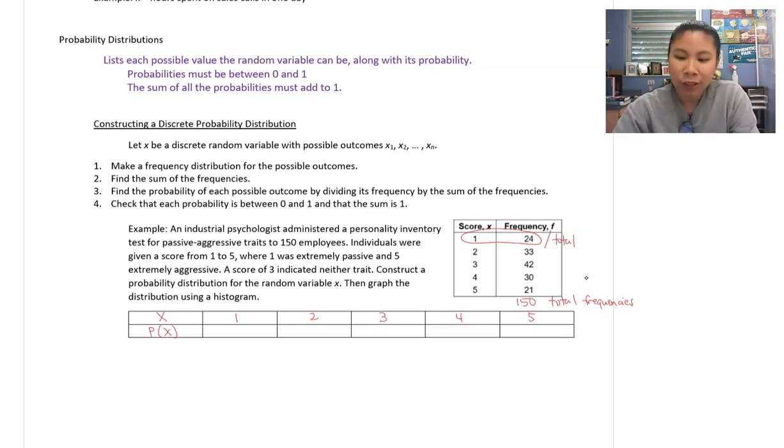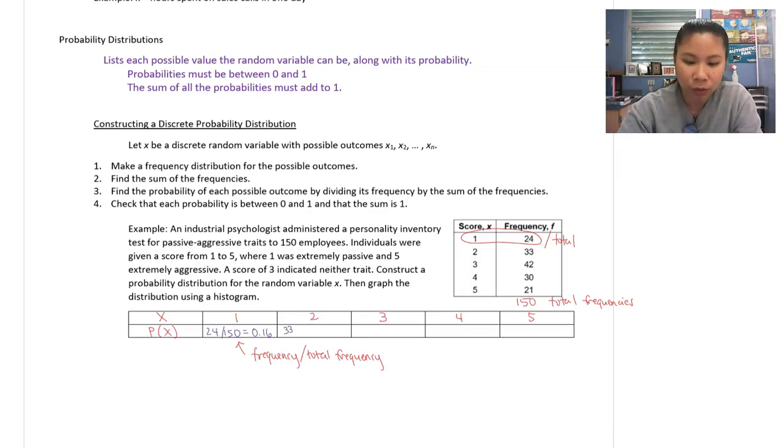So that means I'm going to be taking each of my frequencies and dividing by the total frequency in order to find each of my probabilities. So for an x value of 1, the frequency was 24 divided by the 150 would give us 0.16. I'm going to continue doing this for the rest of the scores.